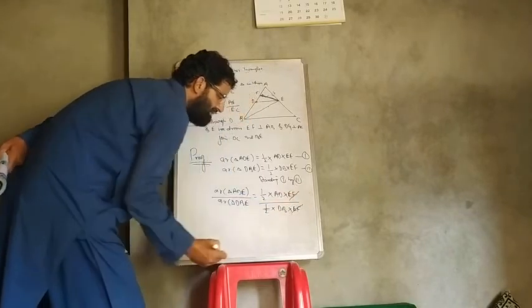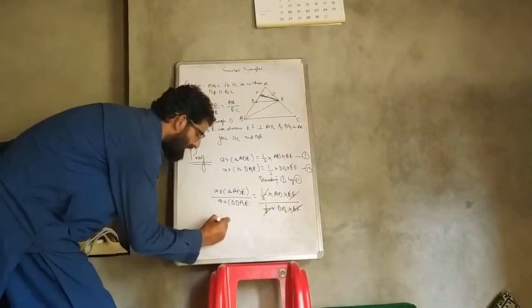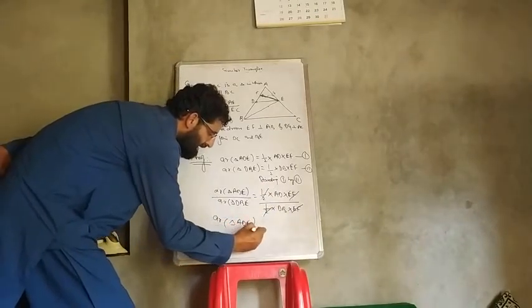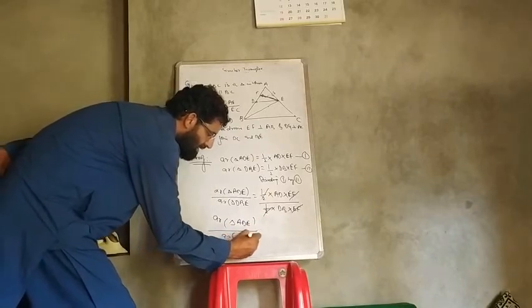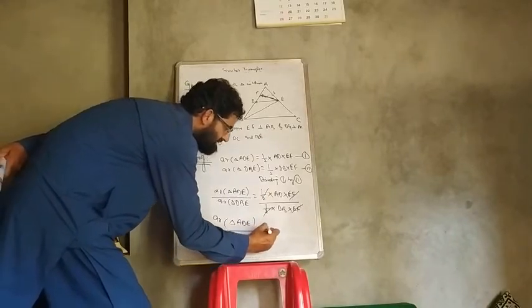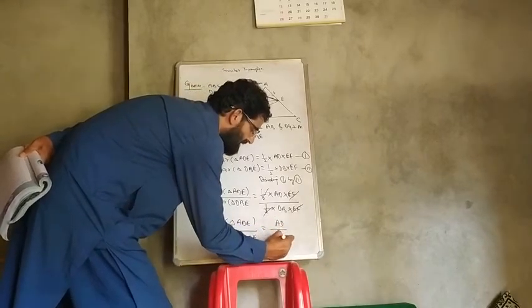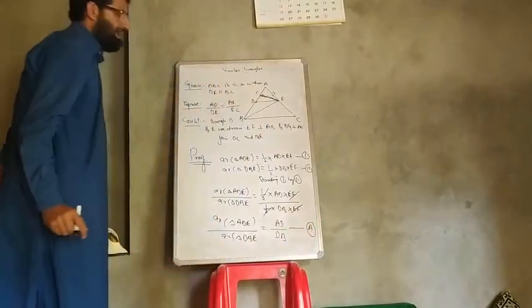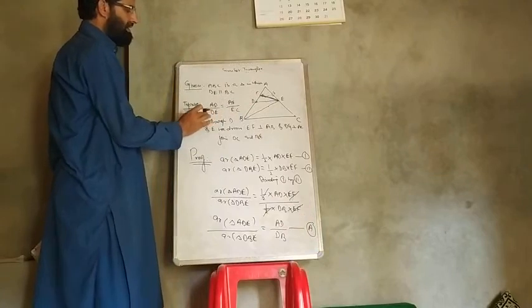EF and EF will get cancelled, 1 by 2 and 1 by 2 will go. And we are left with area of triangle ADE divided by area of triangle DBE equal to AD divided by DB. Name this equation A.